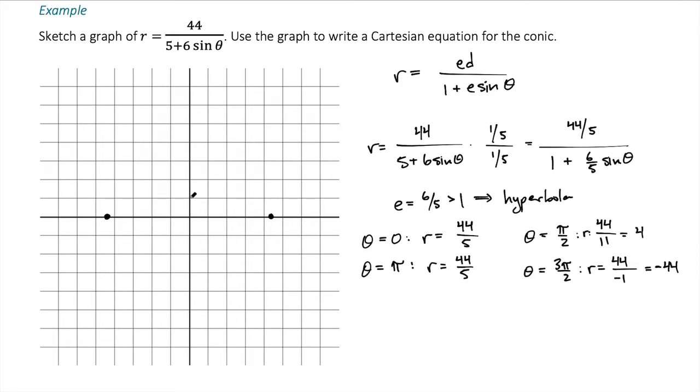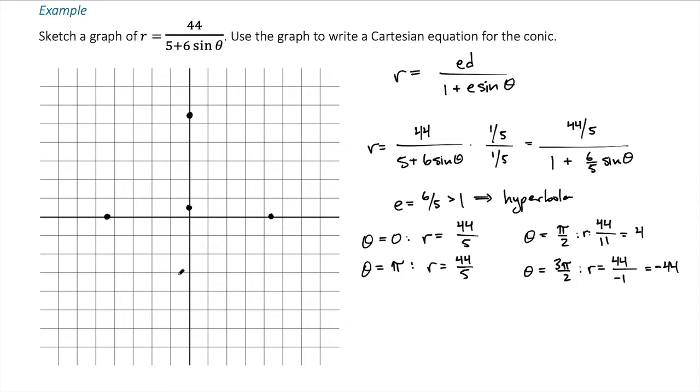So at pi over 2, we're just going to go half of that square, because up to 4, right? But then at 3 pi over 2, which is in this direction, we get a negative number. So we actually go up, the opposite direction from that because of the negative. And since each of these is 8, we're going to go 1, 2, 3, 4, 5 and a half. That gives us another point.